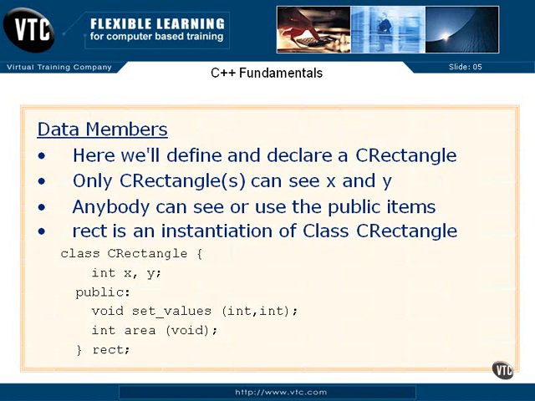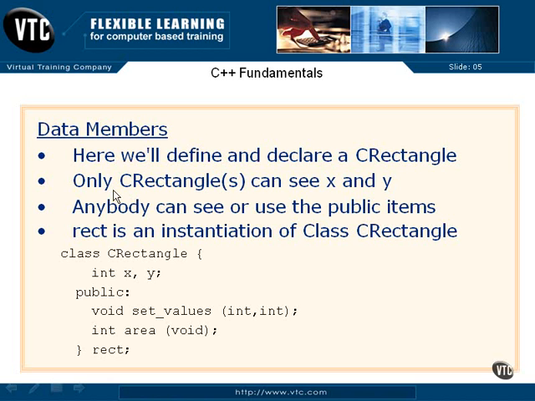Now here, let's make a CRectangle. This is a new class definition, and it's called CRectangle. That's kind of a convention in the OOP style, to have a capital C in front of that name so that you see that this is in fact a class definition. Now down here, this will be the real object that takes up memory, a rectangle. But here, the class name is up here.